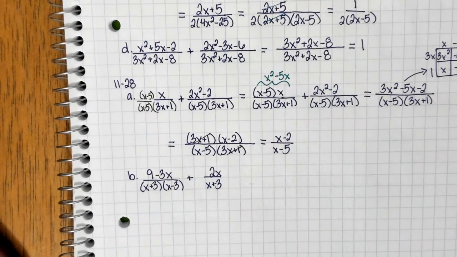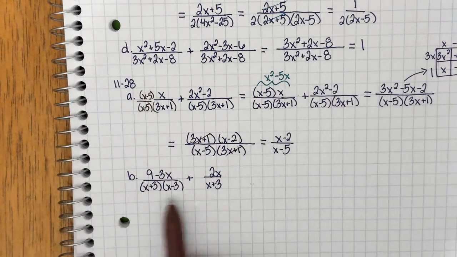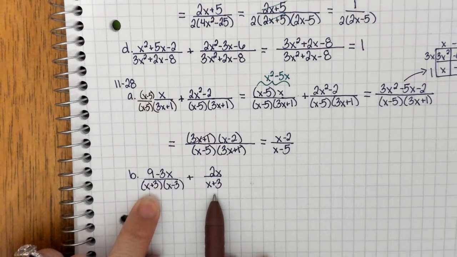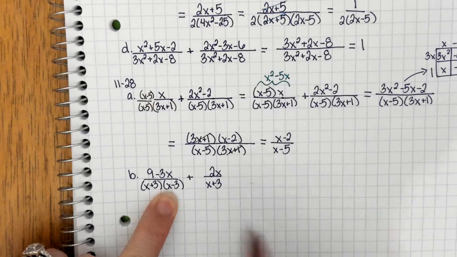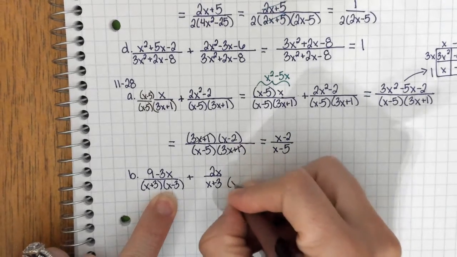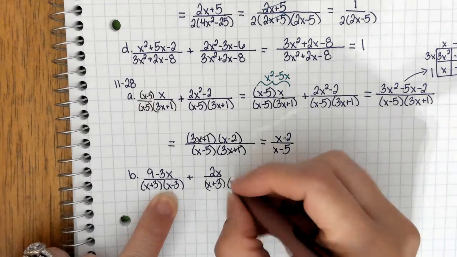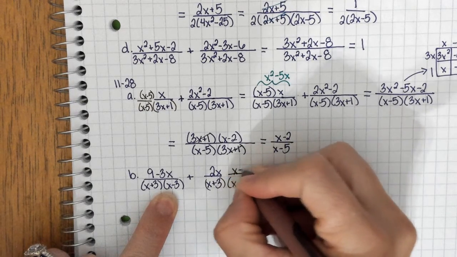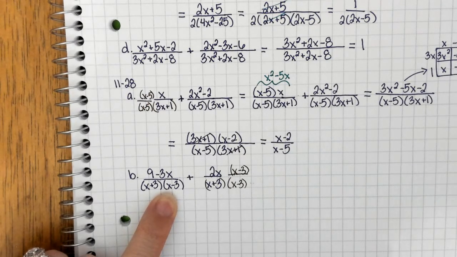So we need a common denominator, add our fractions. So they both have an x plus 3 in the denominator, but this one also has an x minus 3. So we need an x minus 3 in this denominator. And the only way to get an x minus 3 there is to also multiply by an x minus 3 in the numerator, because I have to multiply by 1.